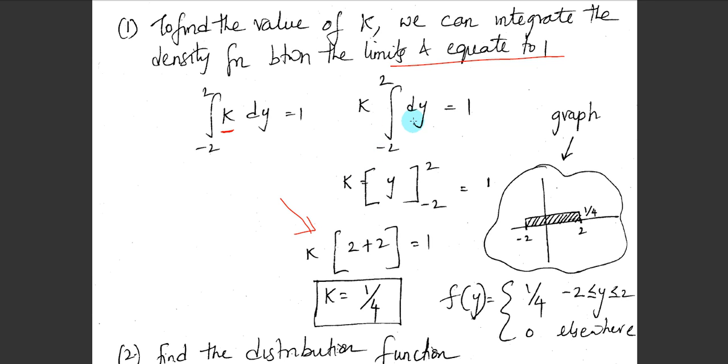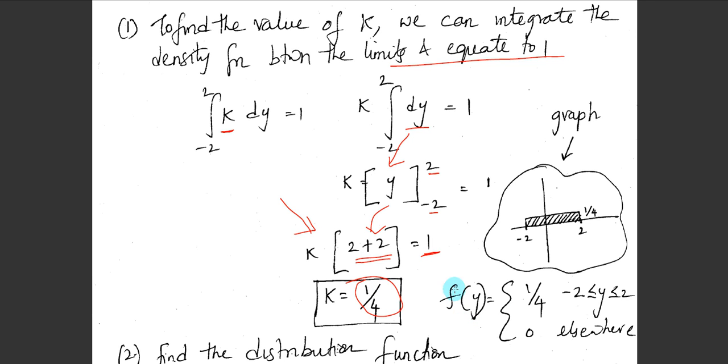This is a pretty straightforward integration problem. k is a constant, so I can bring it outside. The integral of dy from -2 to +2 is simply y between the limits -2 and +2. When I substitute these values, we get k times 2 plus 2 equals 1, or k equals 1 over 4.